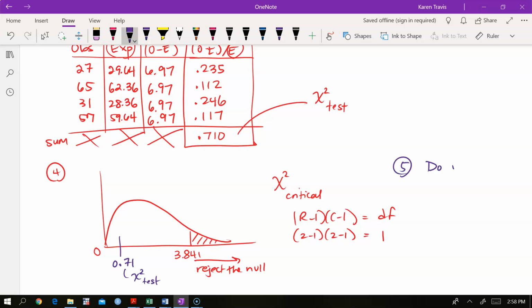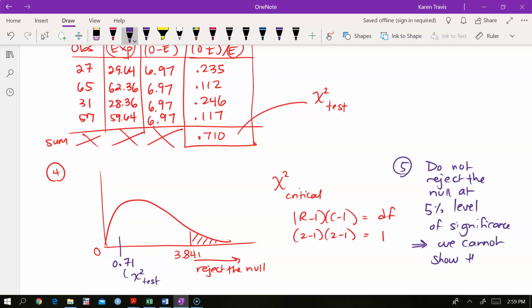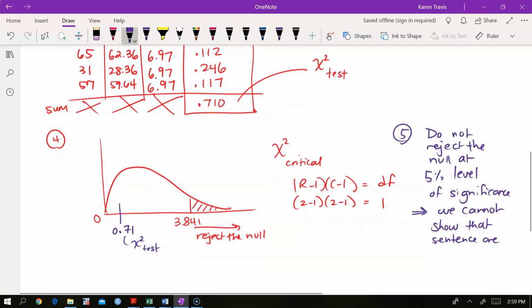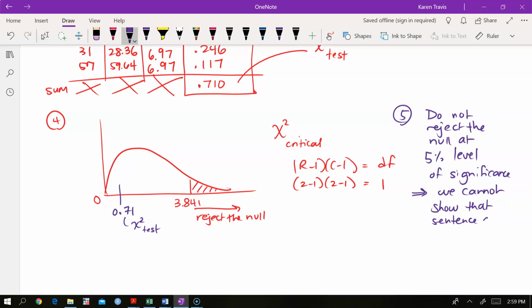We do not reject the null at the 5% level of significance, which means that we cannot show that sentence and the judge are statistically dependent.